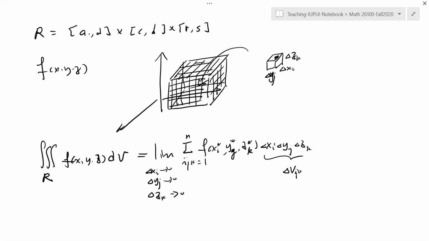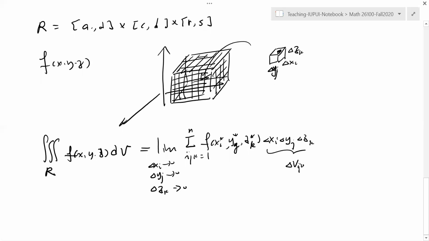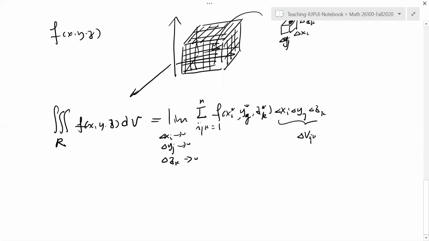If the Riemann sum approaches some number as the cubes get smaller, meaning all the sides get shorter and shorter, then this limit is called the triple integral of the function.